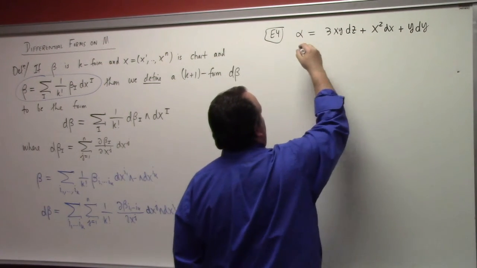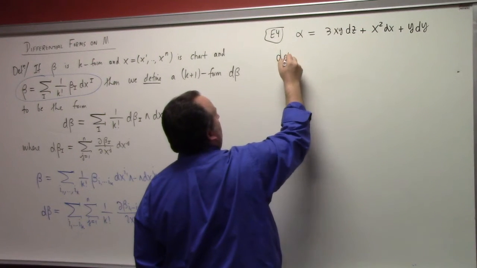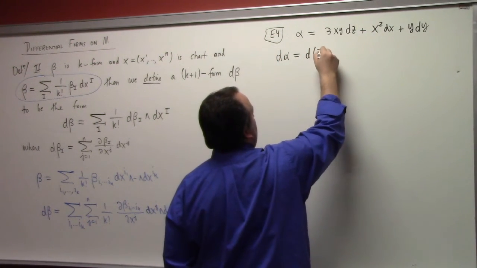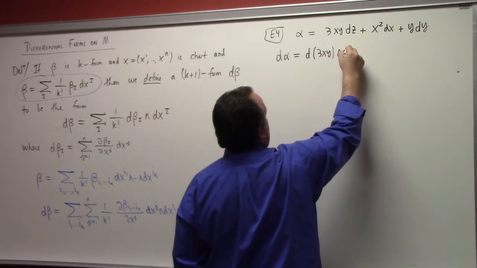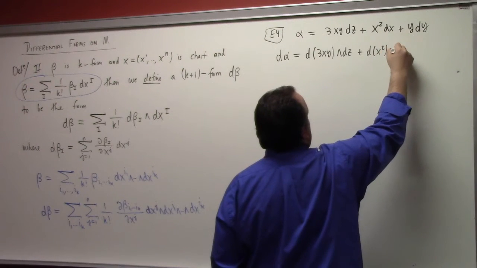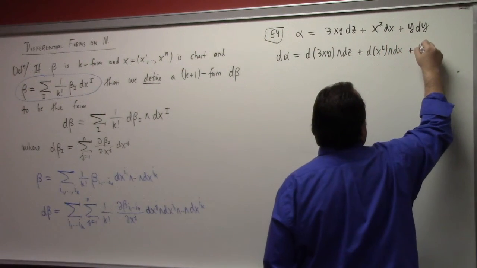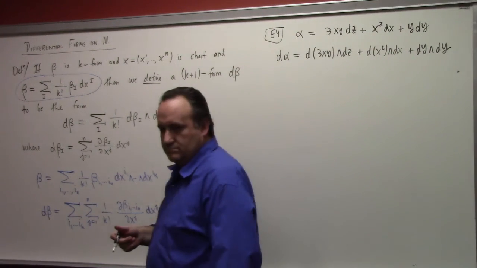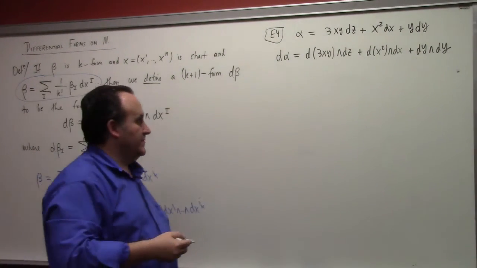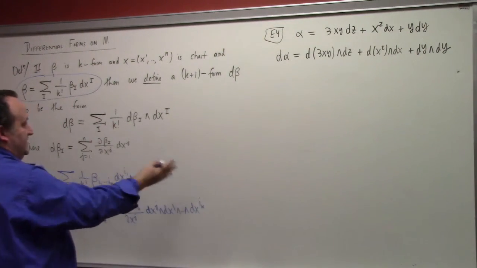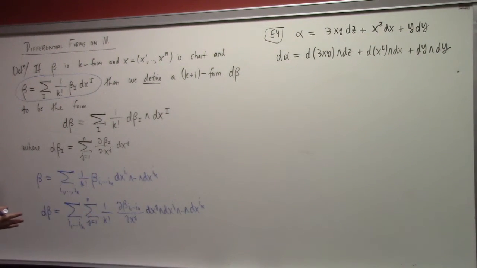And I want to calculate d alpha of this one-form. Here's how it goes. We take the differential of 3xy, we wedge with dz. We take the differential of x squared, and we wedge with dx. We take the differential of y, and we wedge with dy. That is what this definition says. All right?